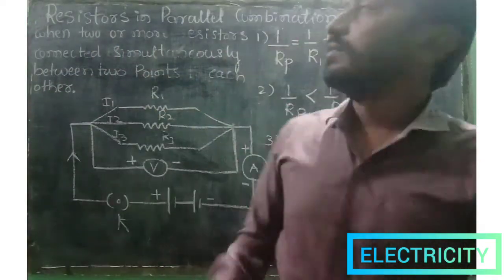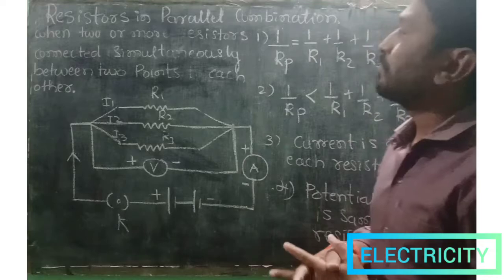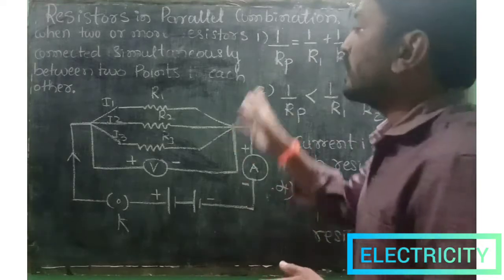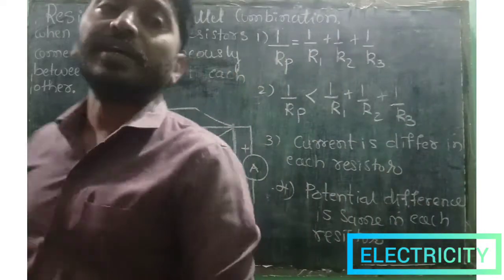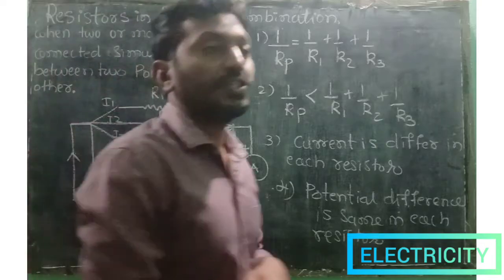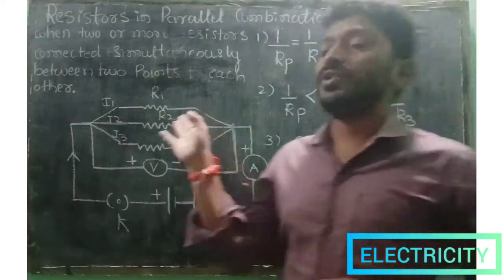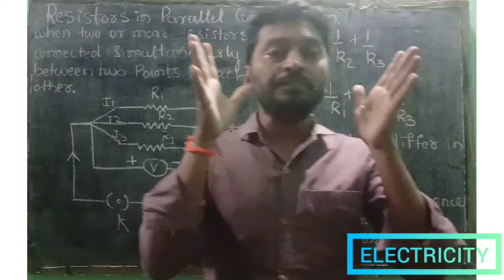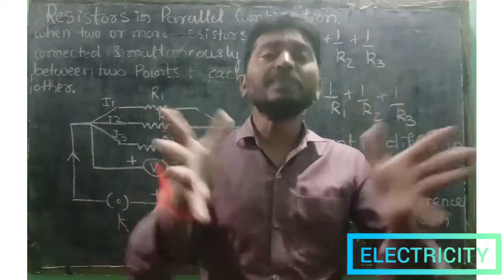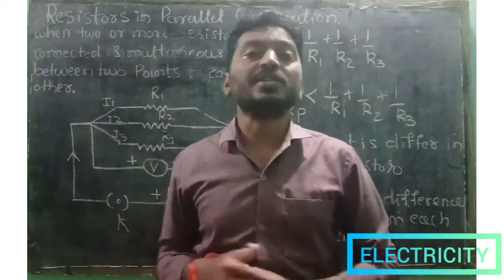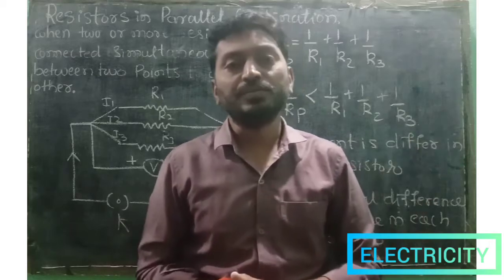Dear students, this is about resistors in parallel combination and some important points regarding it. After watching this video, you should make a list of the differences between the series combination and the parallel combination.